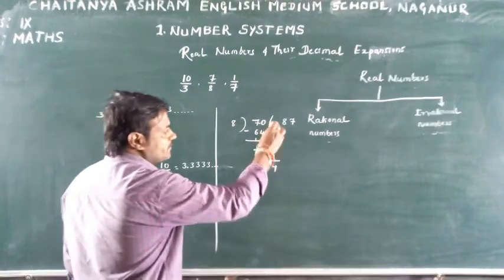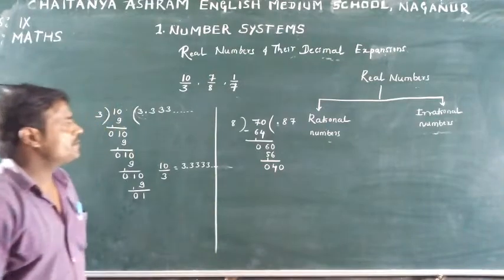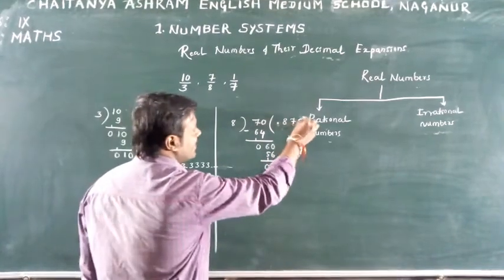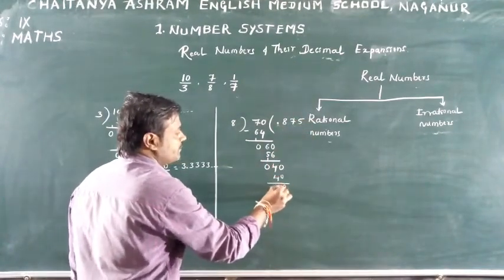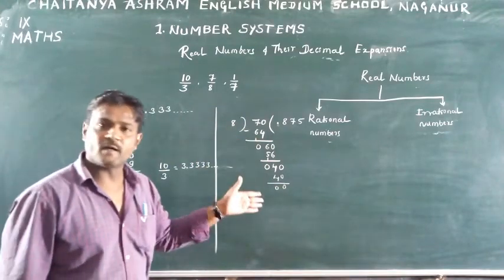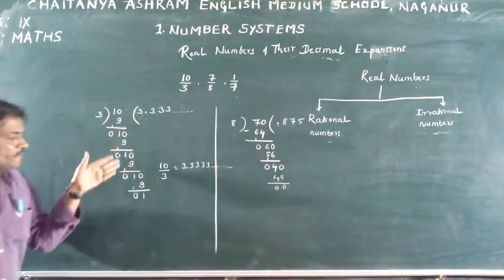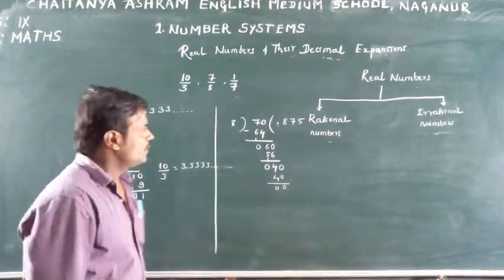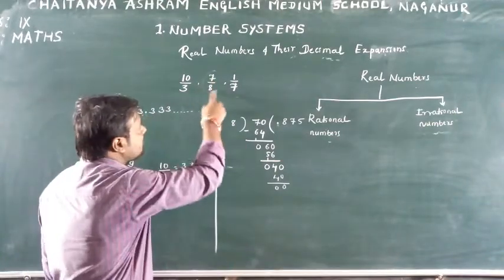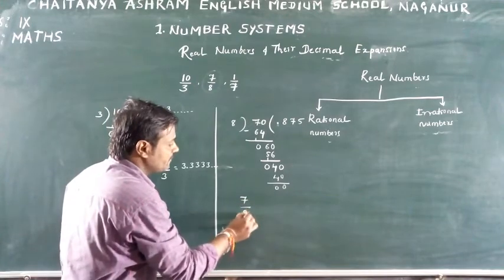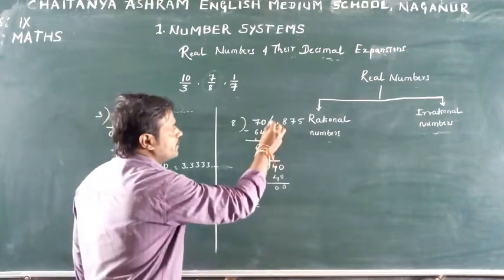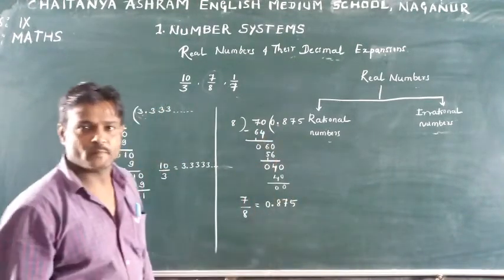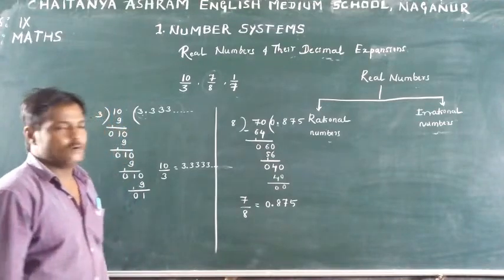There is a decimal, write one more 0, which is 40. 8 fives are 40. So the division process is completed. In the previous case the division process is not completed, but in this case it is completed. So the decimal expansion of 7 by 8 is 0.875.